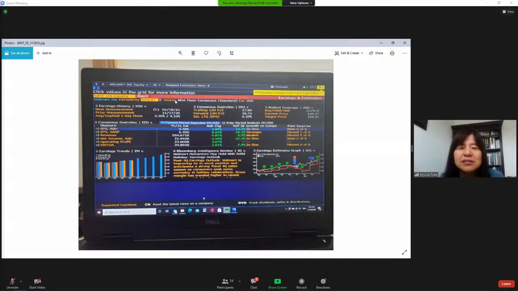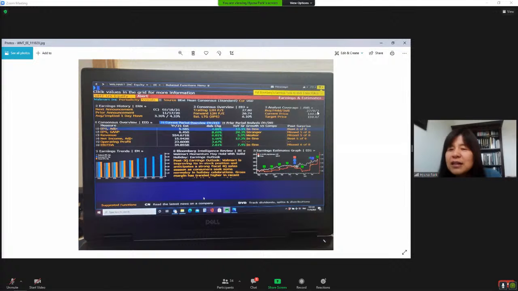And what's the source of this database? Mean consensus estimate. There are many analysts analyzing Walmart stock, and let's see, analyst coverage. It looks like 27 analysts, 9 analysts, and 2 analysts.